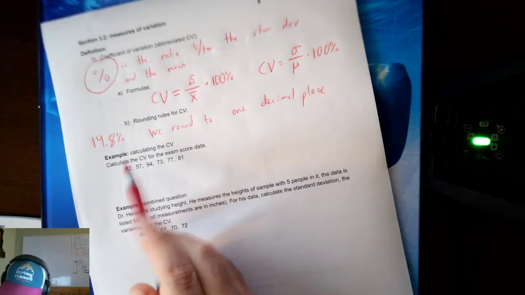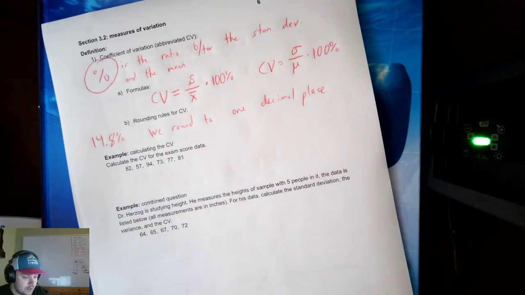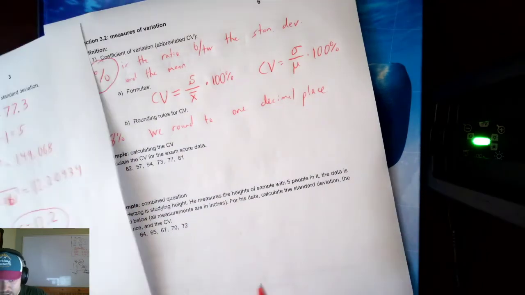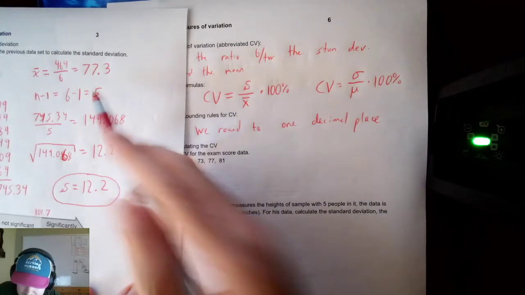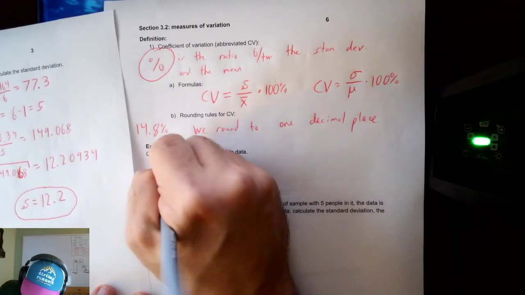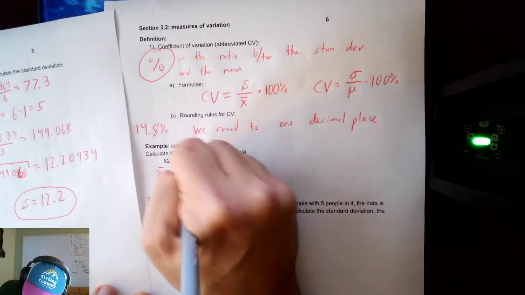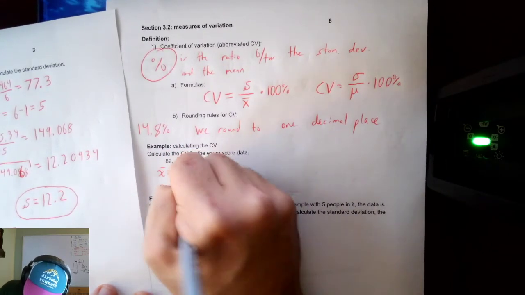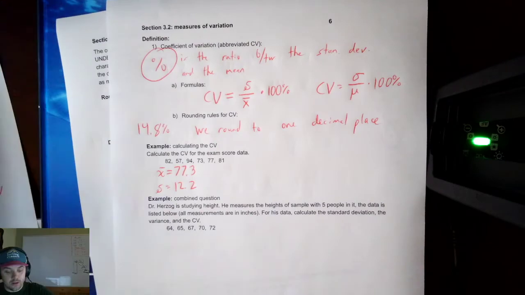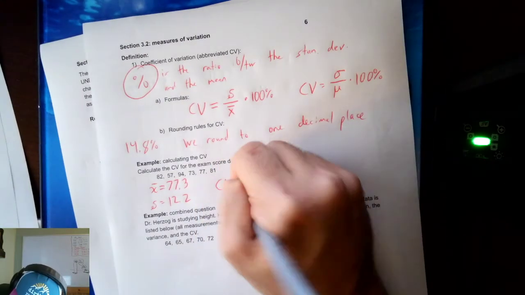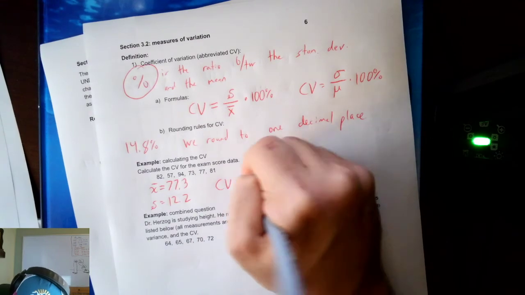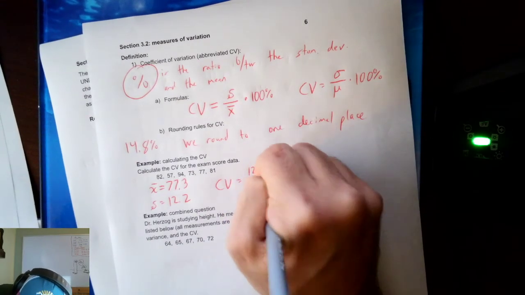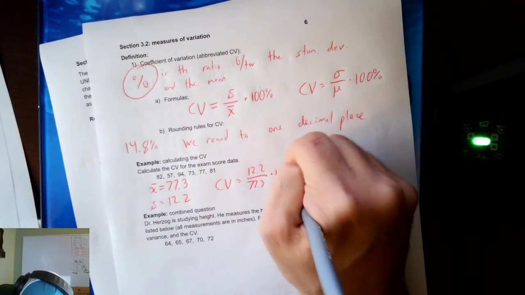Now, we have our exam score data. Let's remind ourselves that the mean for our exam score data was 77.3, and our standard deviation was 12.2. So let's calculate the CV. The CV is equal to 12.2 divided by 77.3 times 100%.